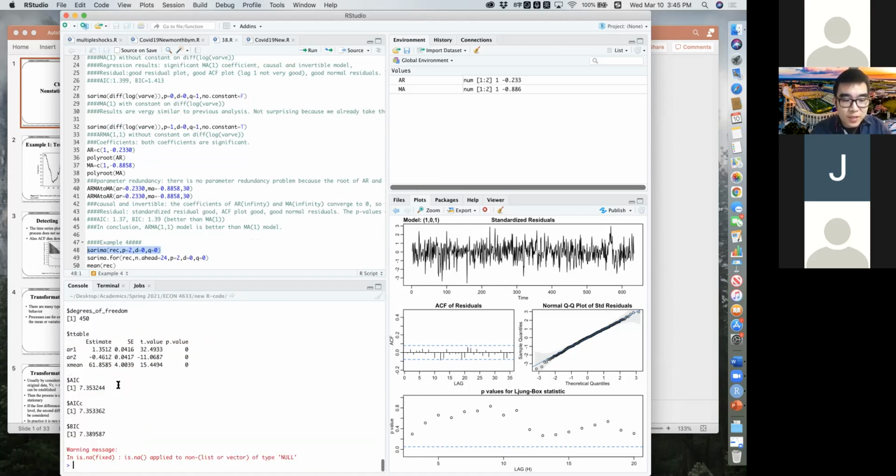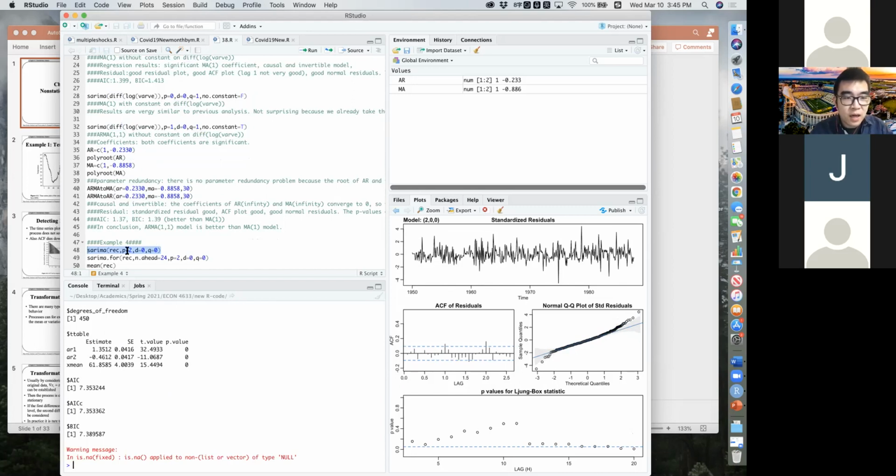So we start with an ARIMA on an AR2 model, and this is what we got, and you can do the same analysis and check. So this is ARIMA on the recruitment series with an AR2 model, and you can see standard residual plots, not bad. ACF plots, not that good. We have a couple of lags that have larger ACF, and the normal QQ plot is not good.